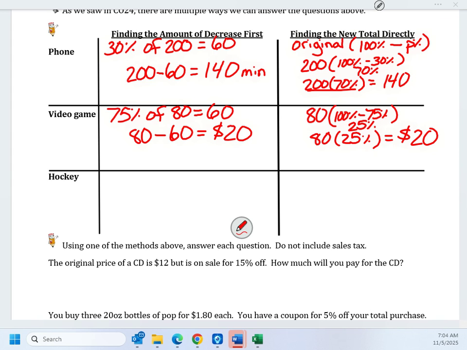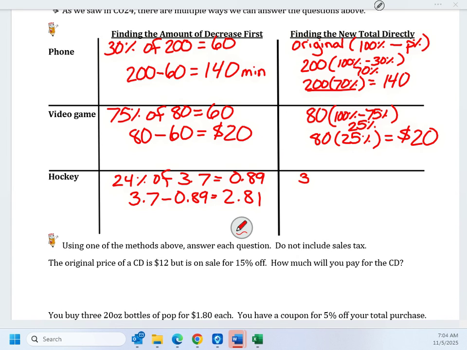For the hockey, it's 24% of 3.7 goals. That equals 0.89. So we take that original 3.7 minus 0.89, and we get 2.81 for our average goals that we let in.